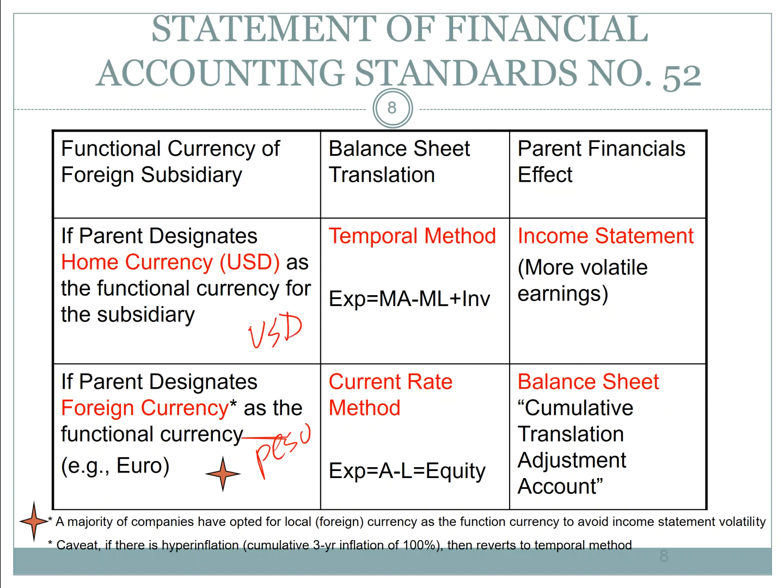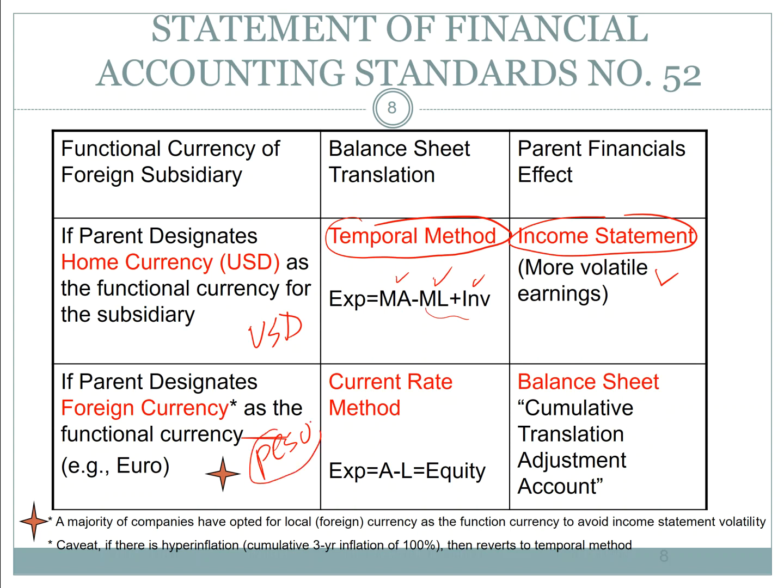And if they say the dollar is the functional currency, FASB 52 says use the temporal method, which is monetary assets minus monetary liabilities and inventory, and you revalue all those accounts, and any gains or loss go straight to the income statement. So it can create some volatile earnings in the income statement.